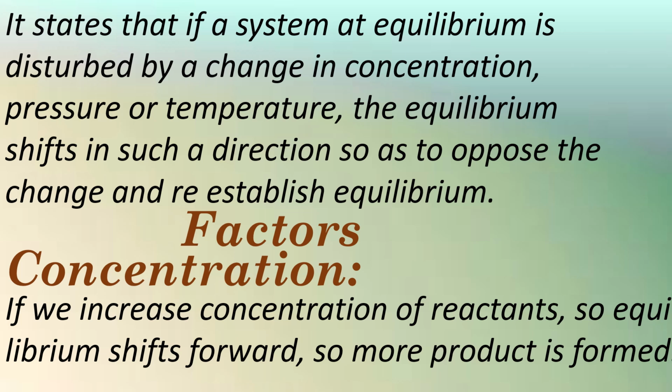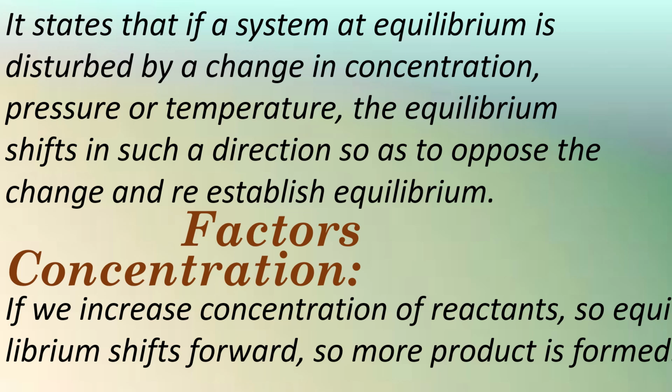So if we have a system consisting of reactants and products, and these are reversible reactions, that is, the forward reaction is occurring and the backward reaction is occurring, the system is at equilibrium. If we change concentration, pressure or temperature of that system, the equilibrium shifts in such a direction so as to oppose the change and re-establish equilibrium.